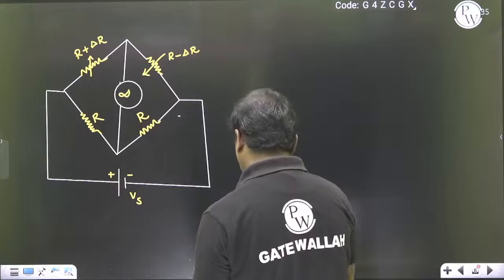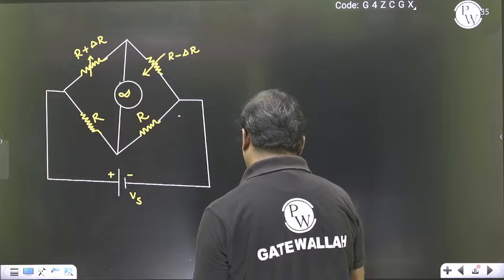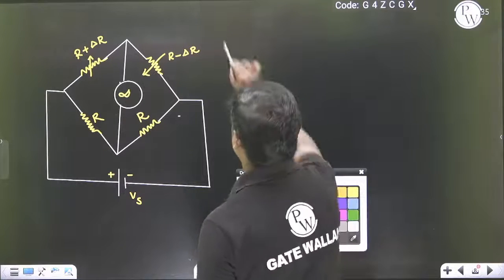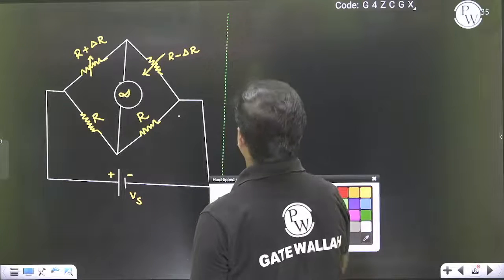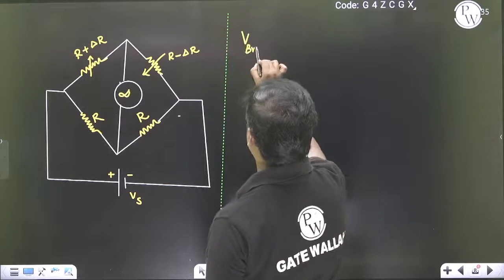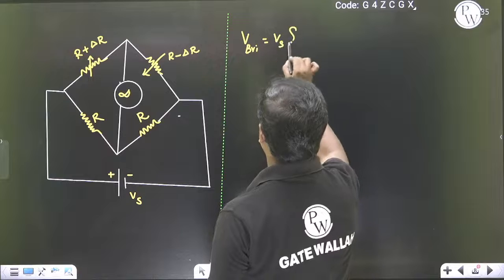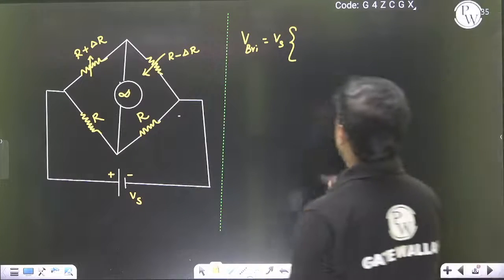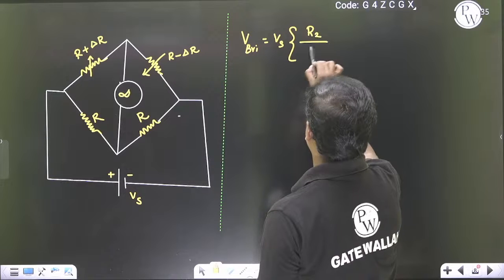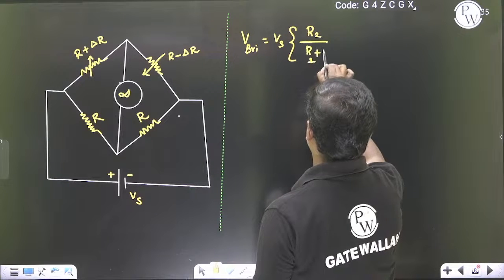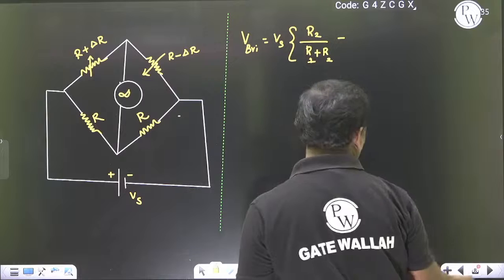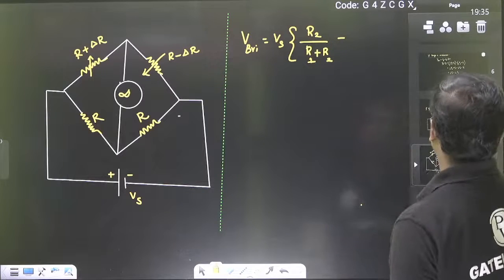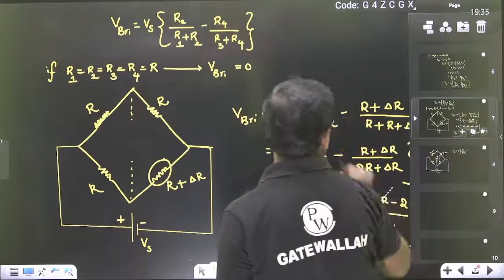That fundamental expression let us take here. So V bridge is equal to Vs into R2 by R1 plus R2 minus R4 by R3 plus R4.